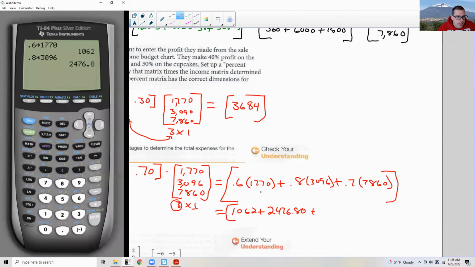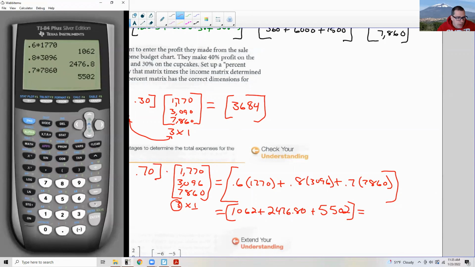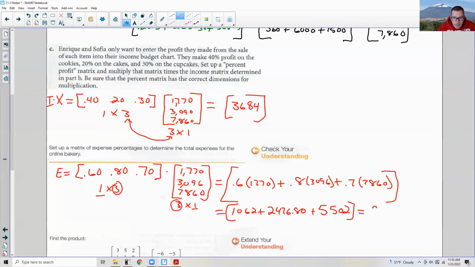And then finally, 0.7 times 7860, yeah, 5502. And then when I add those three numbers up, 5502 plus 2476.8 plus 1062, I get $9,040.80. That was the expenses.